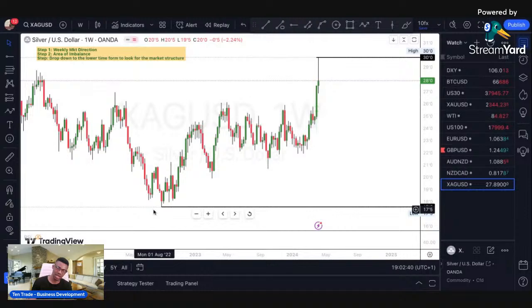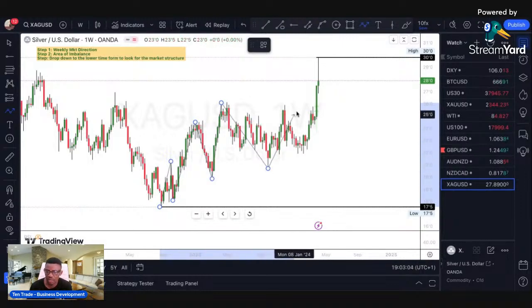From the left-hand side to the right-hand side, it simply shows us that the market is bullish. That's what we can see. So let's look at the move of the market. It started from here, it went a higher high, a lower high, another higher high, a lower high, another higher high, a lower high.